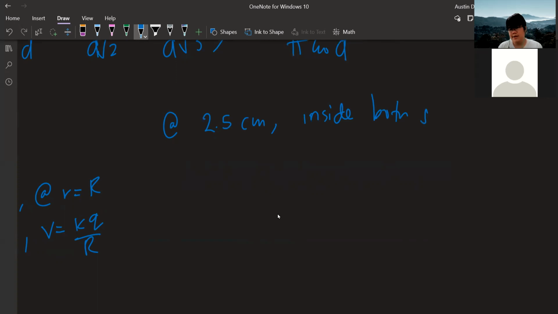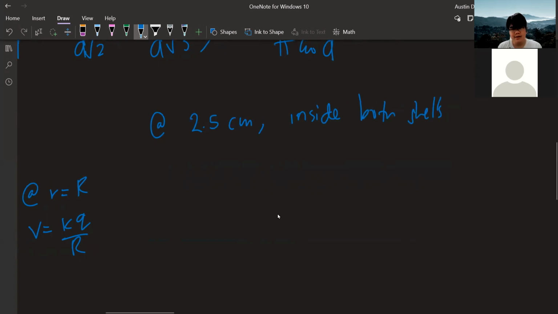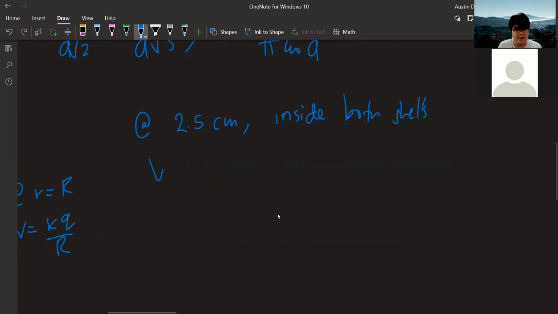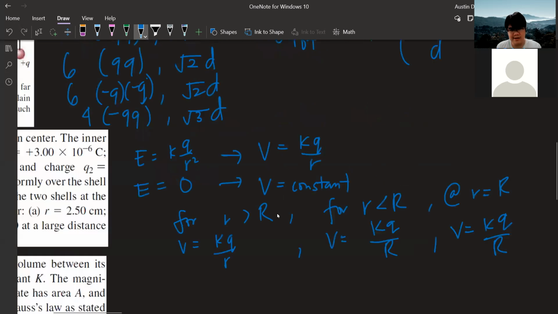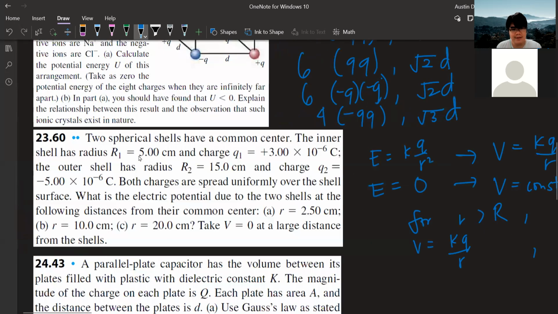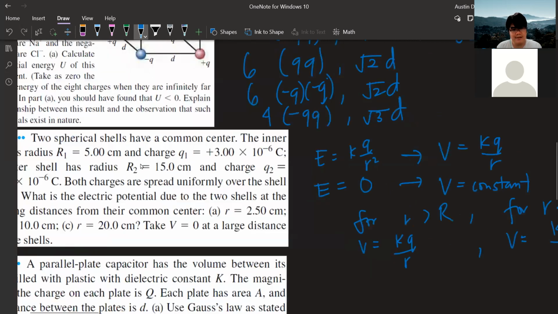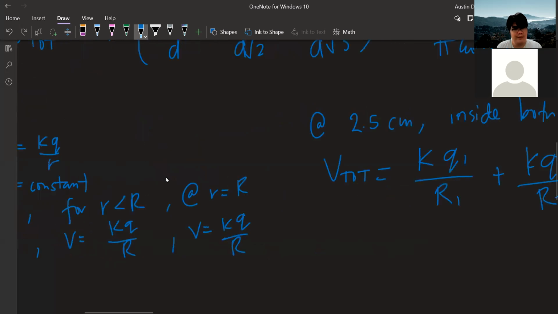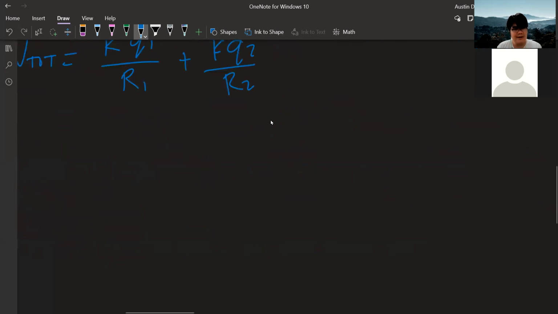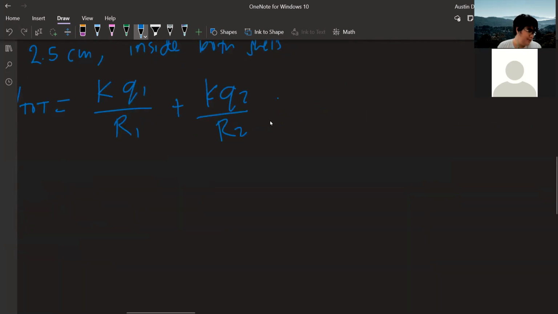Both shells. Okay? We are inside both shells. So the V total would just be equal to two constants. So kQ1 over R1 plus kQ2 over R2. Okay? So R1 is given by 5 centimeters, so that's 0.05 meters. And R2 is given by this one, 15 centimeters, so that's 0.15 meters. So you just plug in things and you find that this is equal to 240 kilovolts.